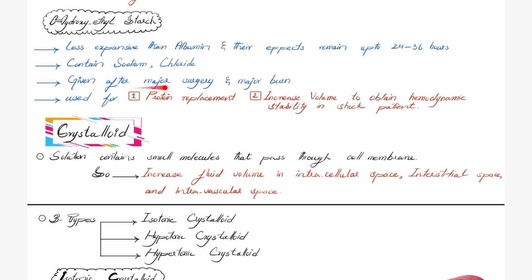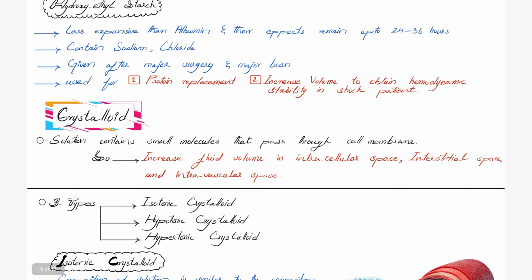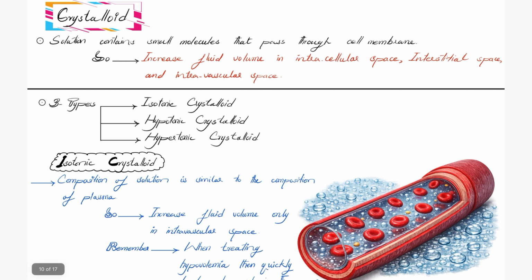It is given after major surgery or major burns when there is a huge shift of intravascular fluid or there is hemorrhage. It is used for protein replacement and increases volume to obtain hemodynamic stability in shock patients. There is also polygeline, which is also called Haemaccel. It has a similar function as hydroxyethyl starch.